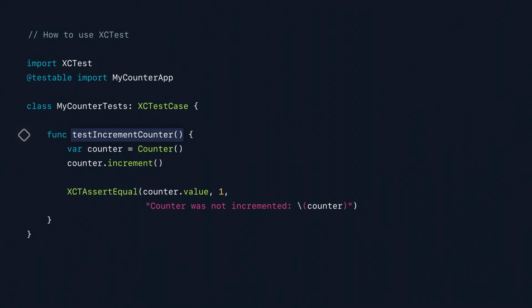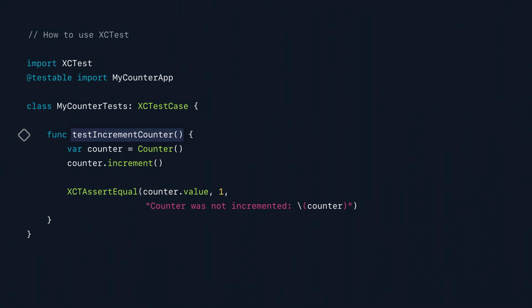You'll also see a test diamond appear to the left of the test to show that Xcode can execute it. Inside of the test, assertion APIs are used to evaluate and validate your source code. In this case, XCTAssertEqual will compare the first two values given to it and make sure that they're equal. If they differ, the test will fail instead.